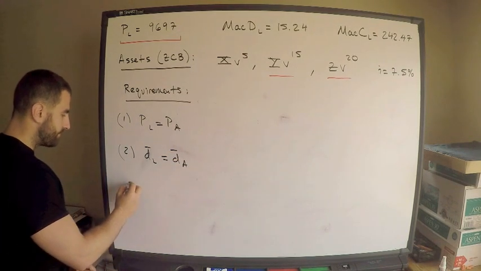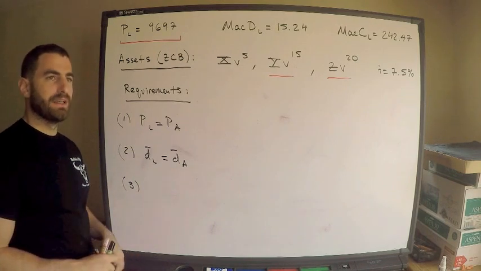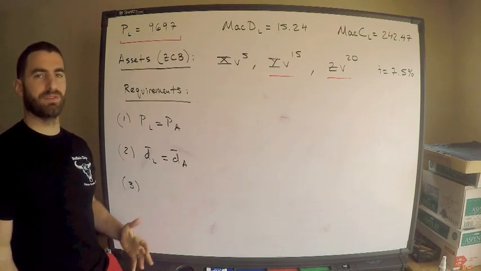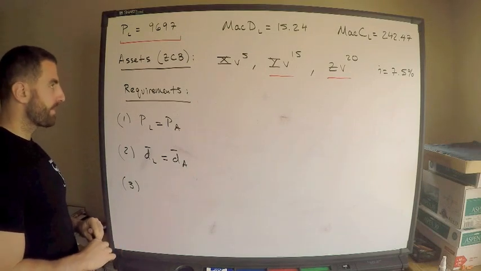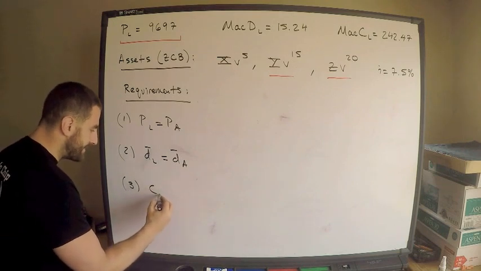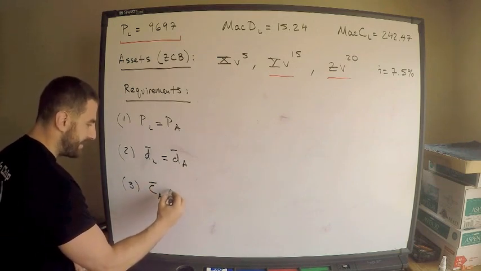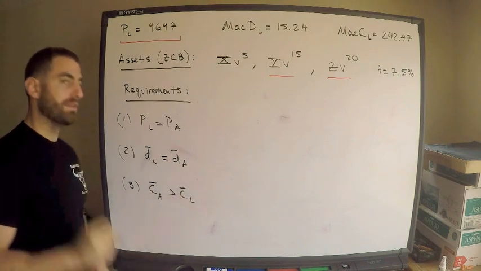The third thing, for Redington immunization, this is where things change between Redington immunization and full immunization. For Redington immunization, what I need is something to do with convexity. So I need that the convexity of the assets is greater than the convexity of the liabilities.